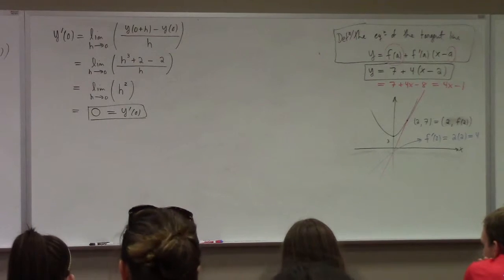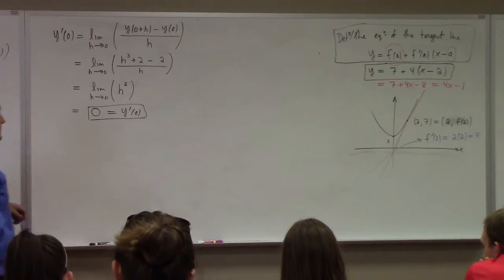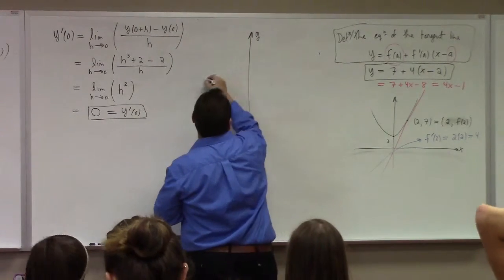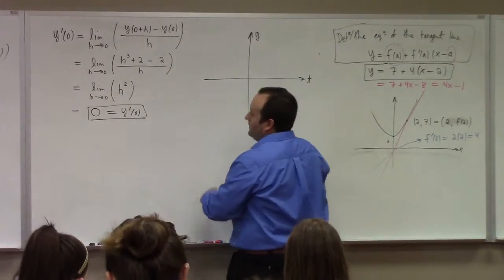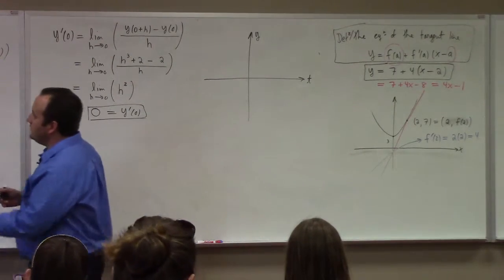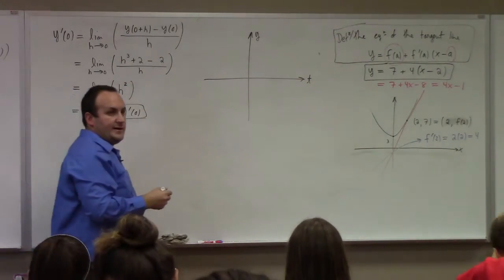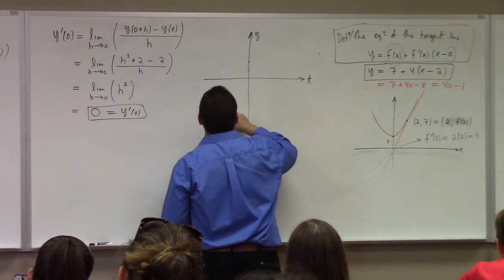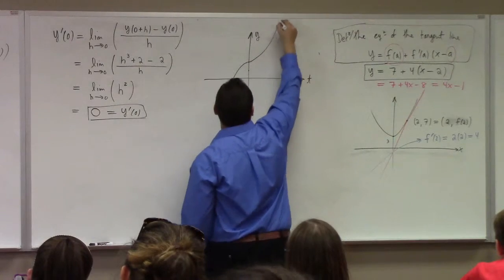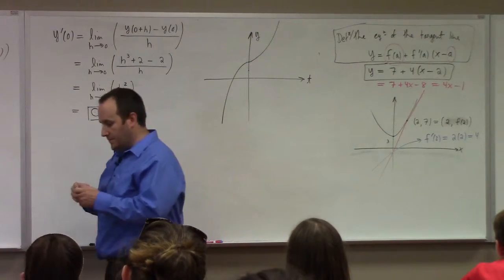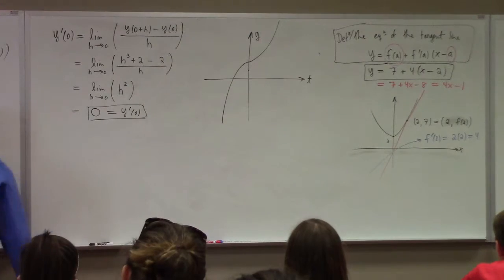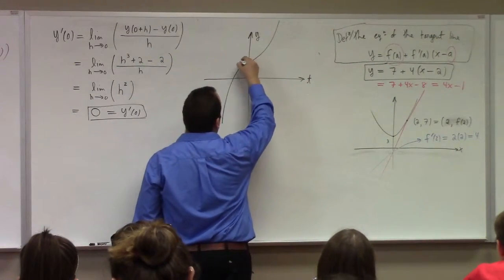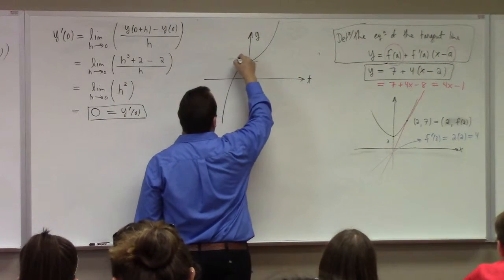I can understand what's happening graphically. Let me show you what's going on here. So if this is y and this is t, t cubed plus 2 is a simple cubic with y-intercept 2. And it looks something like this, right? So the slope of the tangent line at 0 is flat. Slope 0.